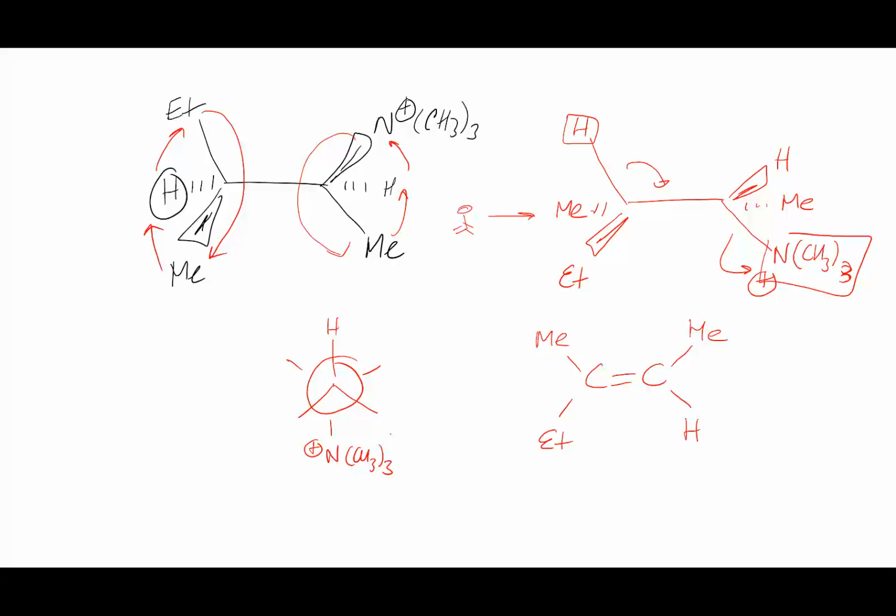The ethyl group is forwards. So this is me looking at the molecule to make the Newman. Then on the front side, the hydrogen is forward and the methyl group is in the back. And then over here, the methyl group is in the back.